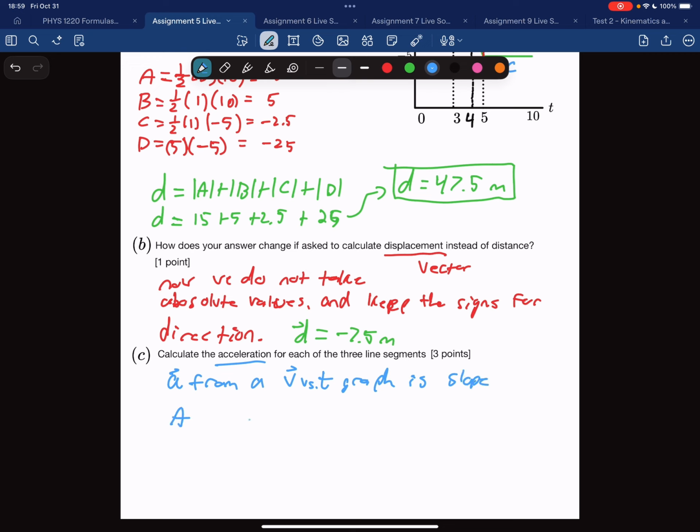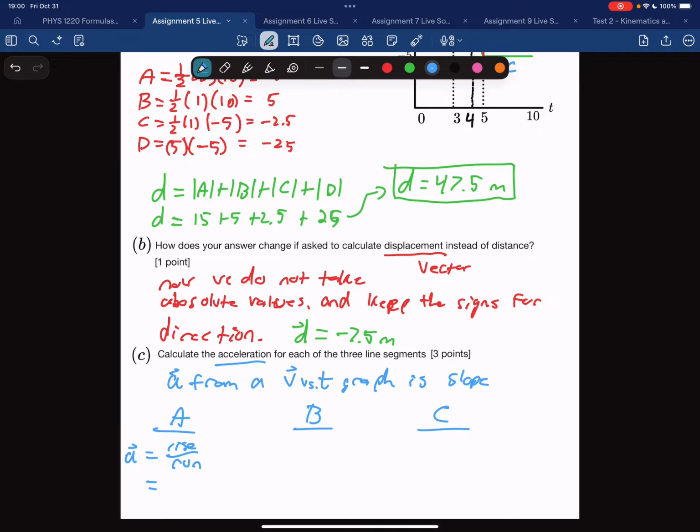So for part A, for part B, and part C, I'm going to go ahead and calculate them separately like this. So for A, we're just going to use rise over run. We'll use this method here. Rise over run, not rum. Rise over run.